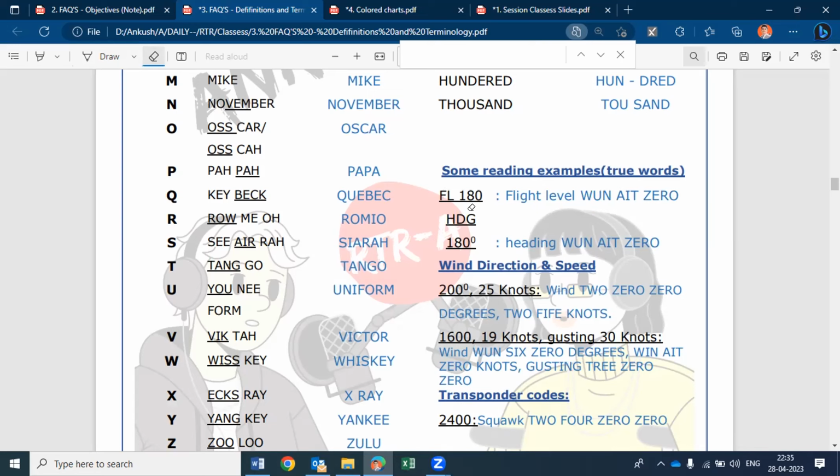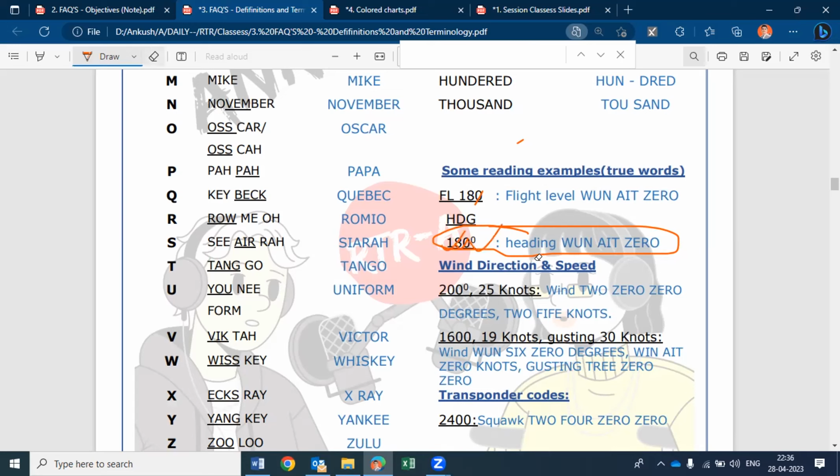Okay, how will this be read? Flight level one eight zero. Like Abhishek said, runway two seven. He did not say runway twenty-seven. Similarly, we need to say flight level one eight zero. And to read the headings also, we need to pronounce each and every digit clearly.